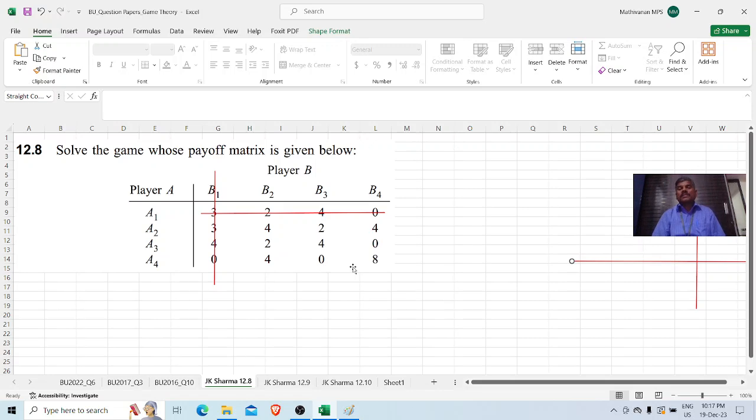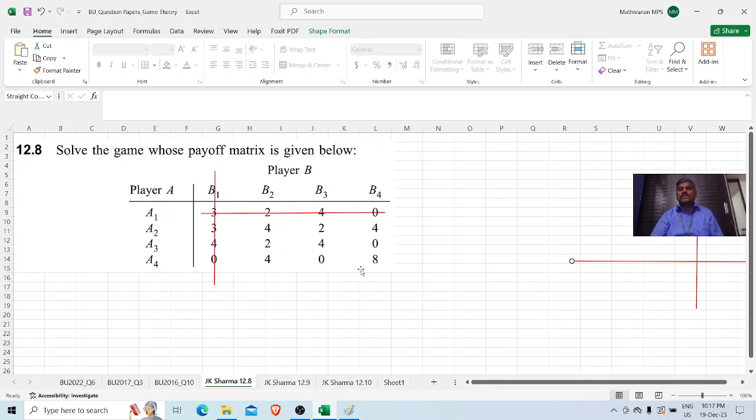However, we need to do something to reduce this into a smaller matrix so that we can proceed using the oddments and solve the problem.